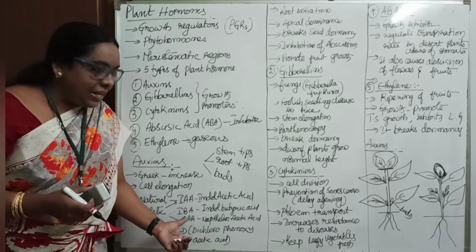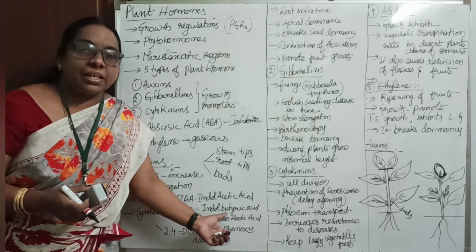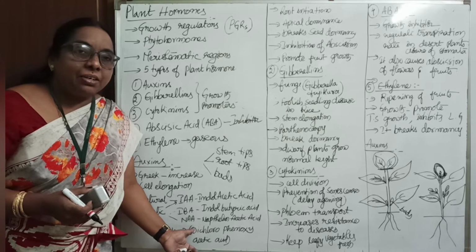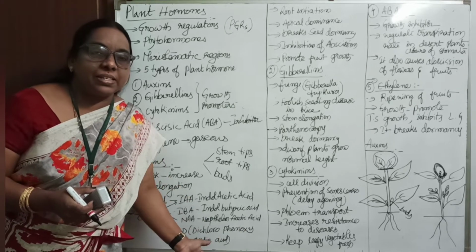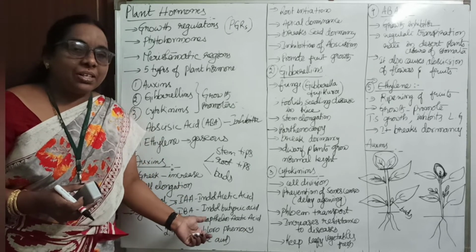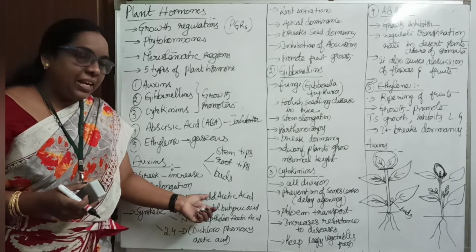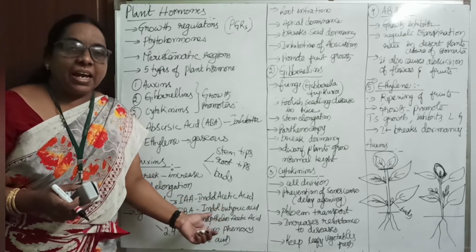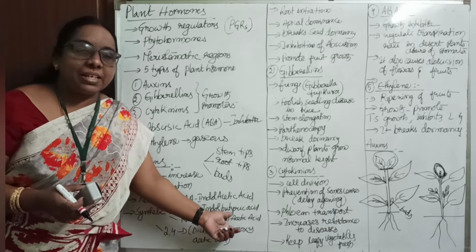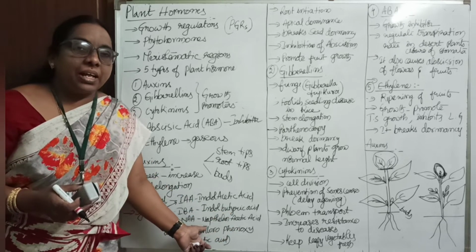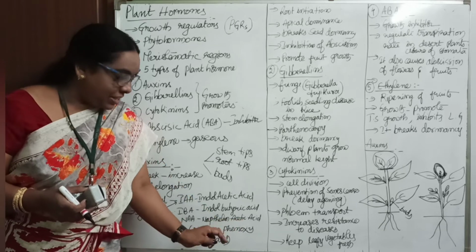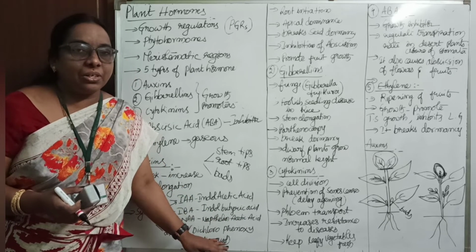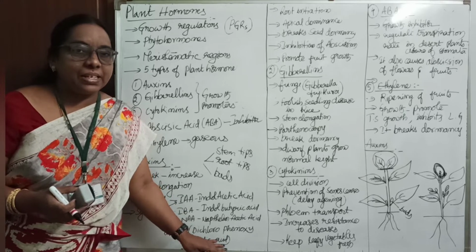The next is NAA, naphthalene acetic acid. And the third is 2,4-D, dichlorophenoxyacetic acid. These 3 are synthetic, artificial auxins, while the natural auxin is IAA. Is it clear, children?